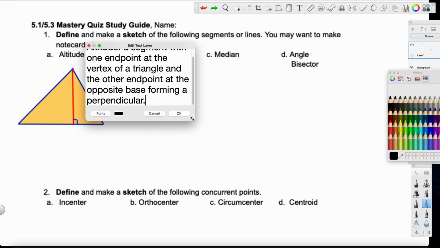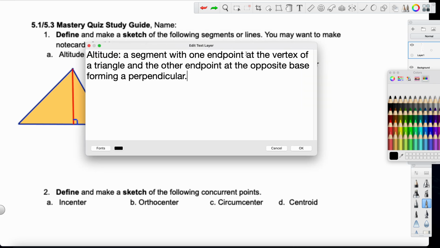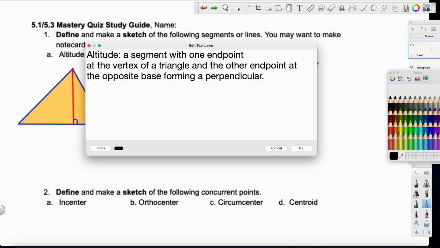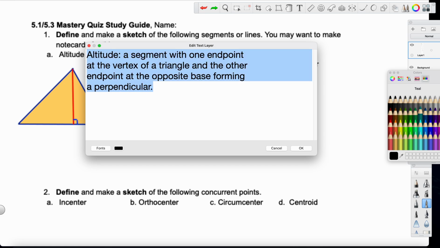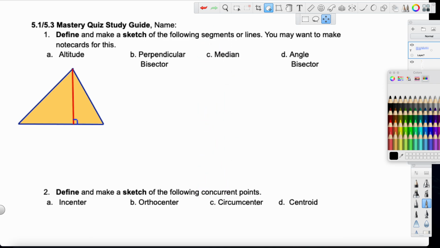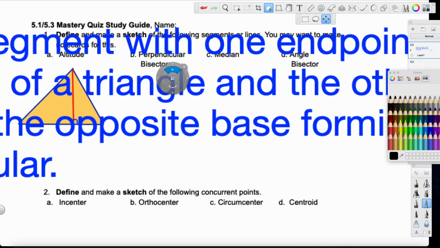Okay, there we go. And we make it blue. Okay, so that's altitude.